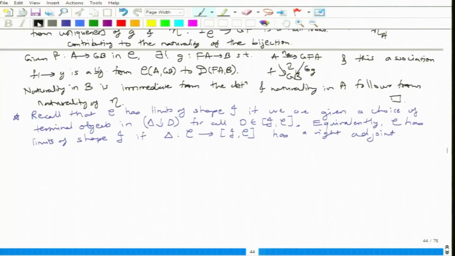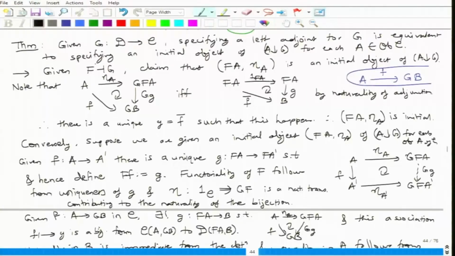Okay, so let me start writing some easy corollary of the theorem that we have talked about. The theorem is this, that specifying a left adjoint for G is equivalent to specifying an initial object for the arrow category. Now, what can you say about the initial object? If it exists, is it unique? It is unique up to a unique isomorphism, in fact.